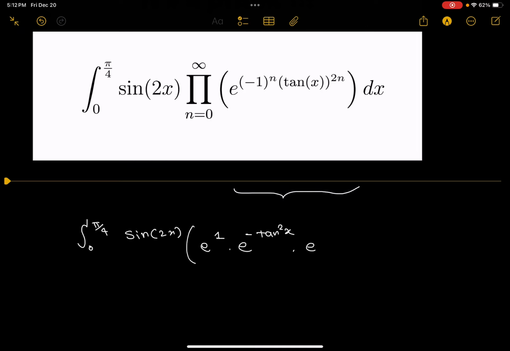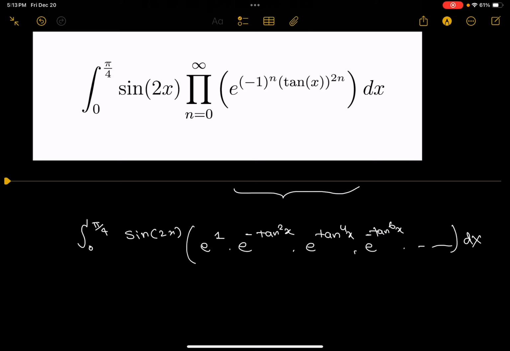Times again, this is positive, and then for n equals 2, 2 times 2 is 4, and tan to the power 4x. And also there should be a negative sign now, because now n is 3, with tan to the power 6x. I guess you get it, right? Because this is 2 into 1, negative sign is there; 2 into 2, minus 1 to the power 2 is positive. So I guess you get the idea. We are just trying to evaluate this, and it goes on.